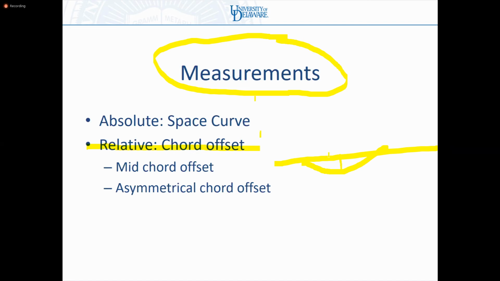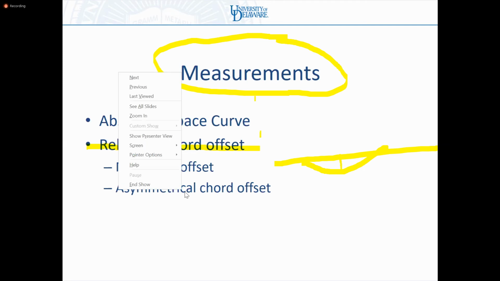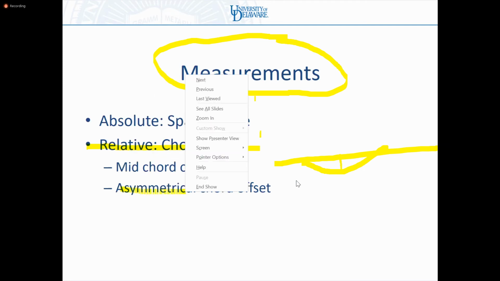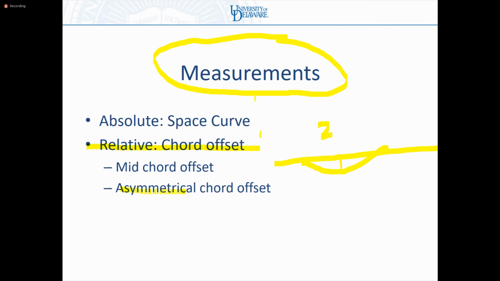So very often, to get around that problem, they use what they call asymmetrical chord offsets, which means I still have my 20-meter chord, but instead of measuring my variation exactly at the middle of that 20 meters, I go off to the side a little bit, say around 16 meters or 15 meters, and I measure the offset there. And mathematically, that actually reduces the error. And there's a way of going through that mathematically to show that. So that's one way of measuring.